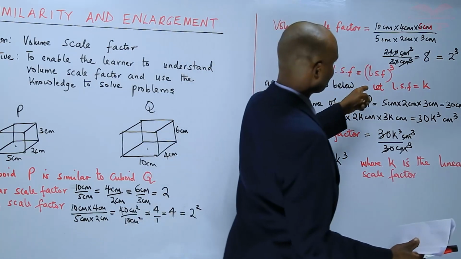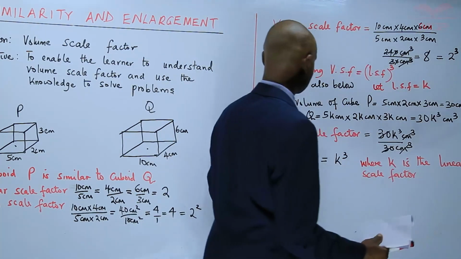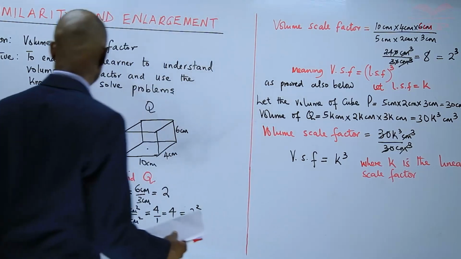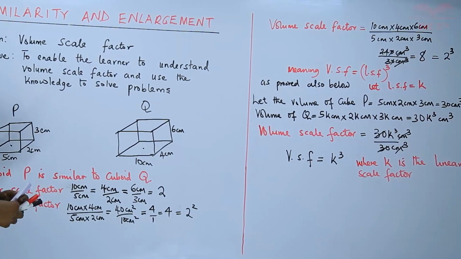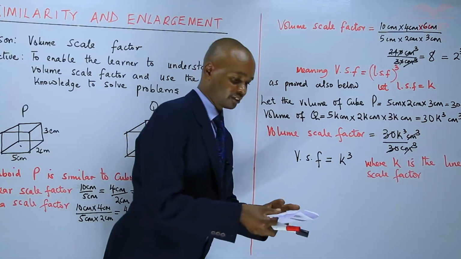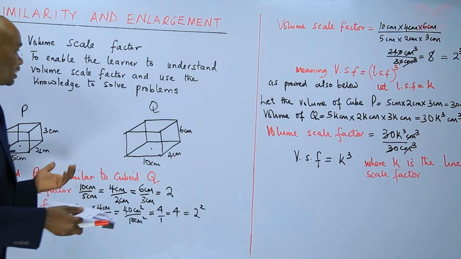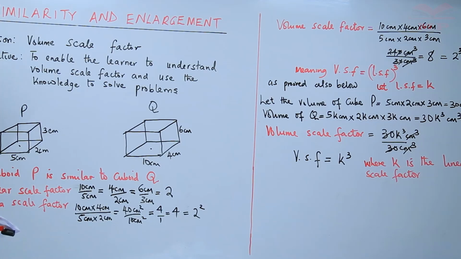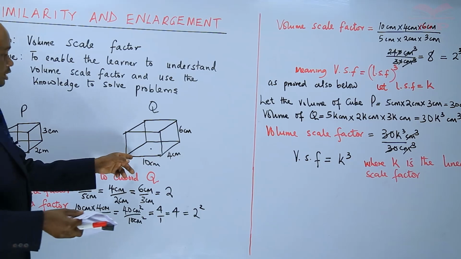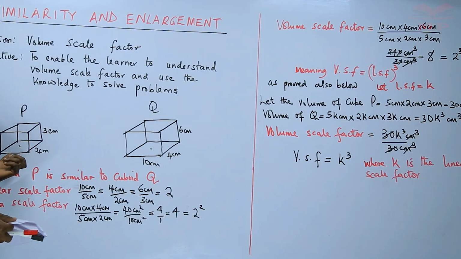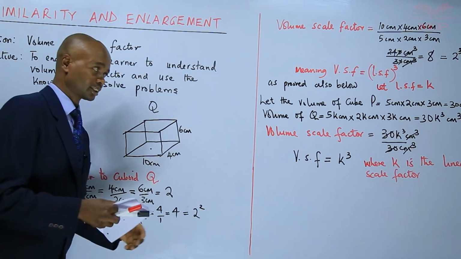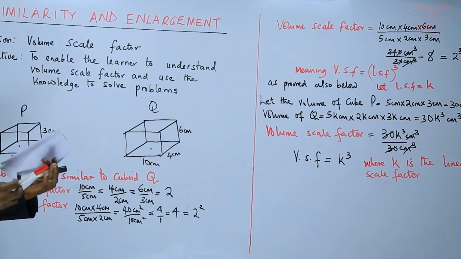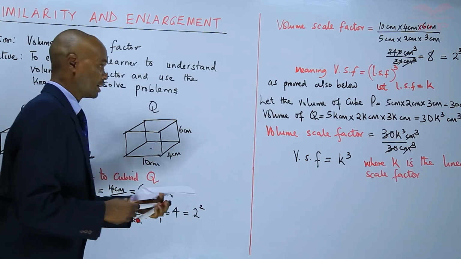We come to volume and we get 2 cubed. We even prove it further by inserting a K, a linear scale factor. How can that help you? If they have given you a linear scale factor of transforming the smaller to the bigger cuboid, and you know the volume, you multiply by the volume scale factor to get the volume of the bigger cuboid.